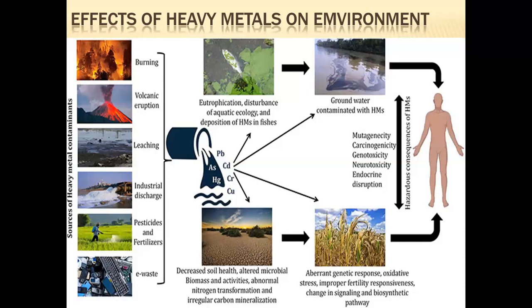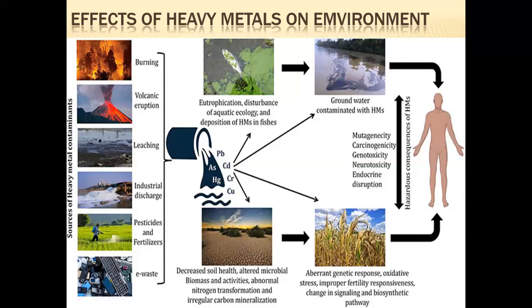If we discuss the effects of heavy metals on our land, it decreases the soil health, and alters the microbial biomass and activities. It causes abnormal nitrogen transformation and irregular carbon mineralization. And due to the disturbance of land, it also affects our food.